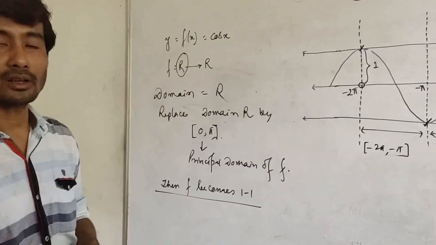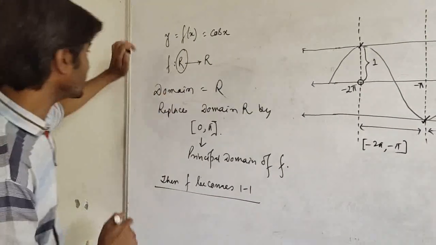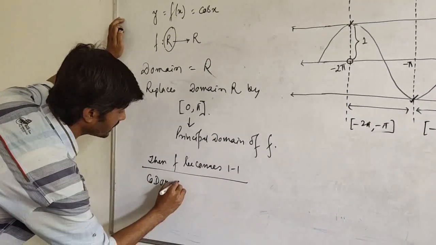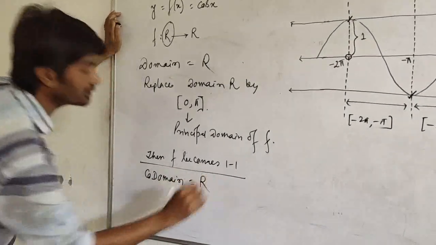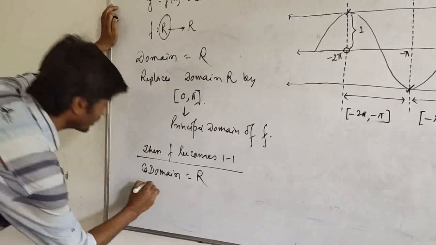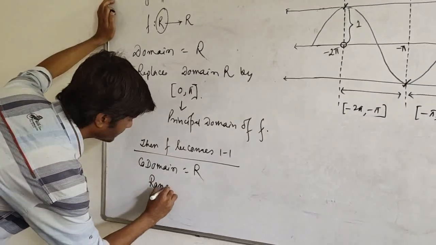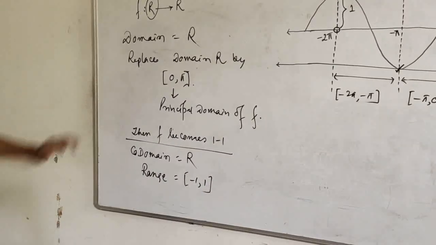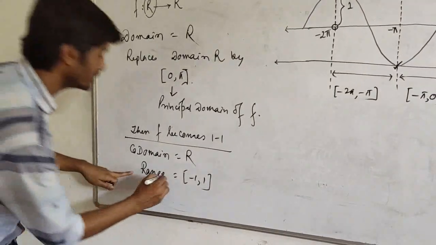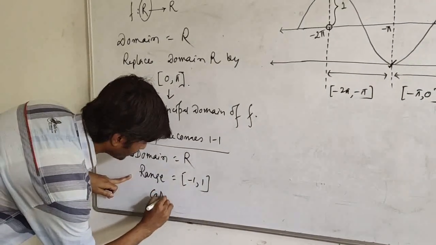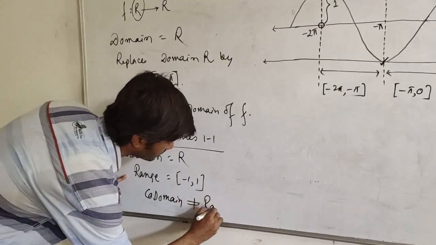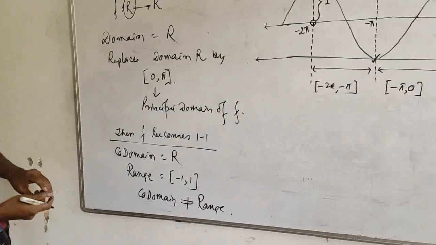Next question: the function is not onto. Why is it not onto? We have seen that here the codomain is R, the set of real numbers, but we know that the range is the closed interval -1 to 1. Clearly we have seen that the codomain is not equal to the range for this function cos x.